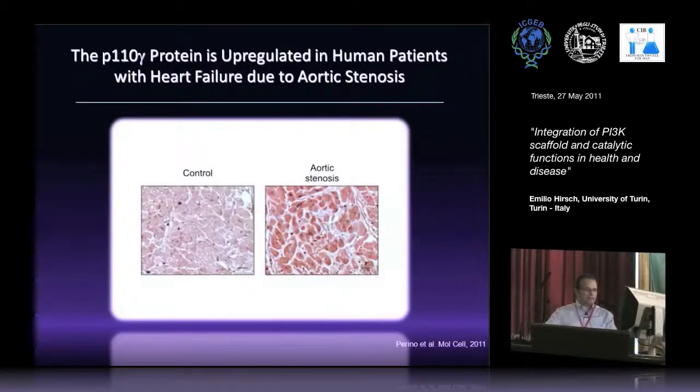And as you see here, patients with aortic stenosis show a tremendously upregulated PI3 kinase gamma expression in cardiomyocytes.